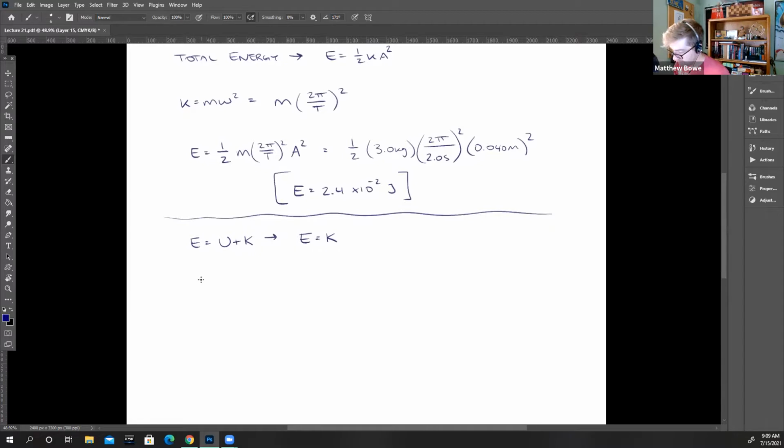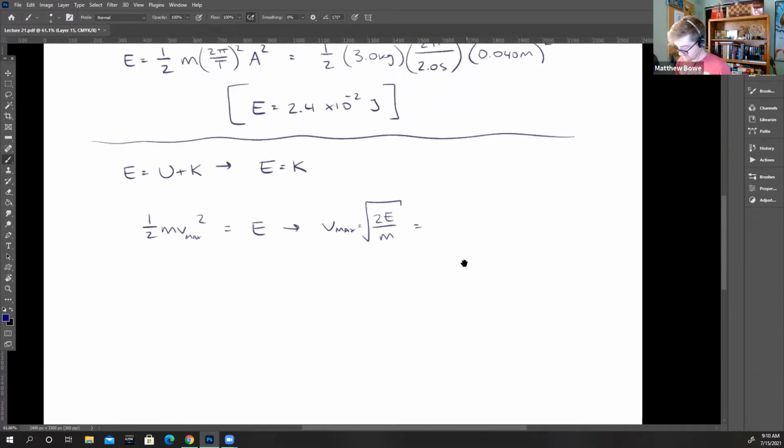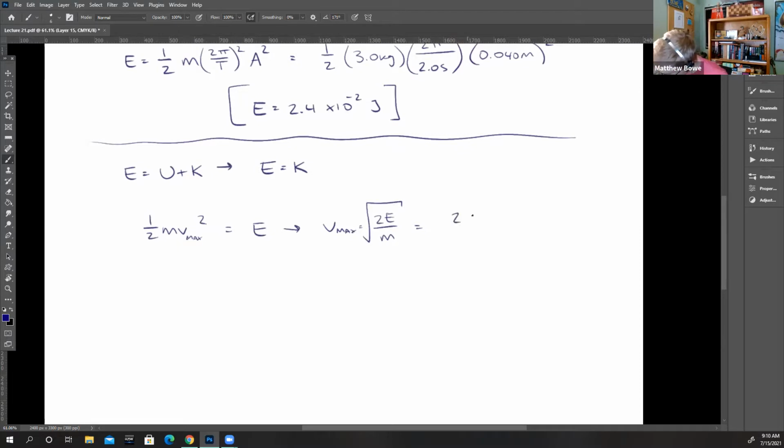And then I'll put in 1/2 m v max squared is equal to E. We've just found the total energy, so this is good.